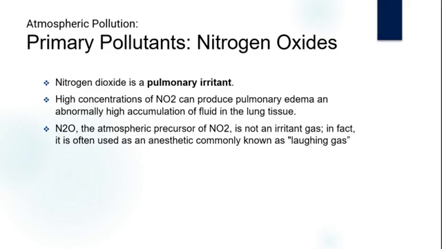Nitrogen dioxide has never been found in such high concentration in ambient air as an air pollutant. It contributes synergistically to the effect of other pollutants. NO, the atmospheric precursor of nitrogen dioxide, is not an irritant gas. In fact, it is often used as an anesthetic, commonly known as laughing gas.